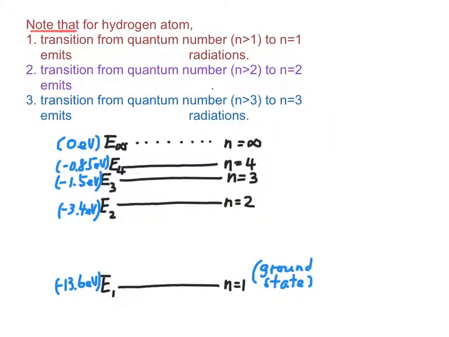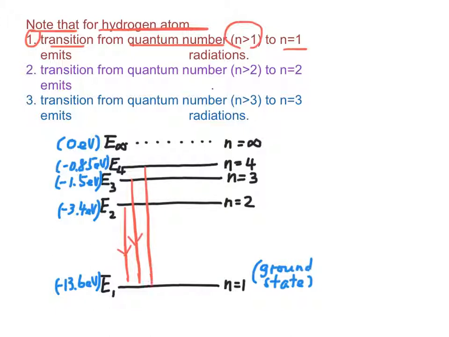Note that for hydrogen atom, first, the transitions from quantum number n larger than 1 to n equal to 1 will emit photons lying in the ultraviolet range.